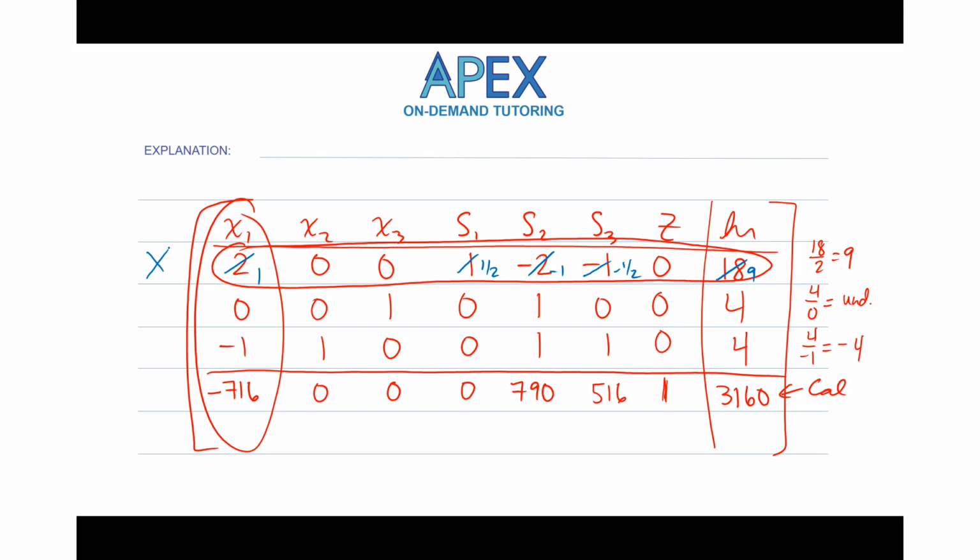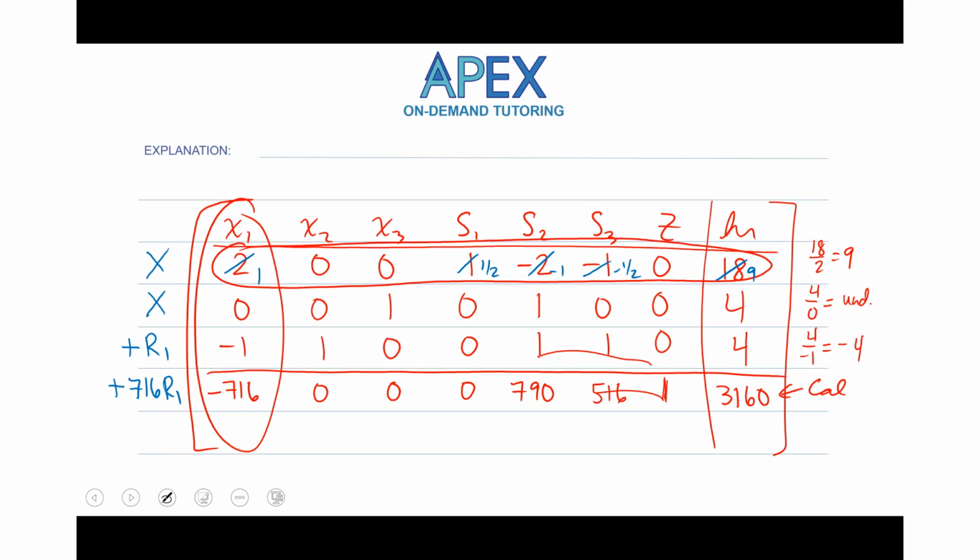Row 2 we're not going to touch because we already have 0, 0, and 1. And for row 3 and row 4 we're just going to add 1 times row 1, and then we're going to have to add 716 times row 1. All right, let me switch back to my original color here, and that's going to give us the following.